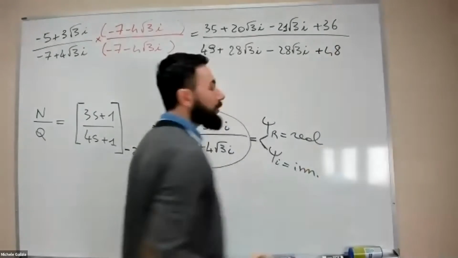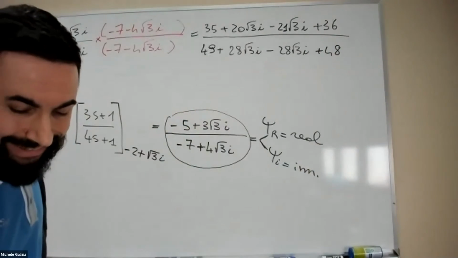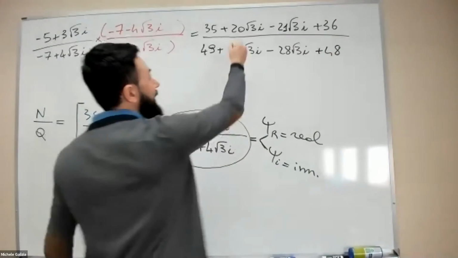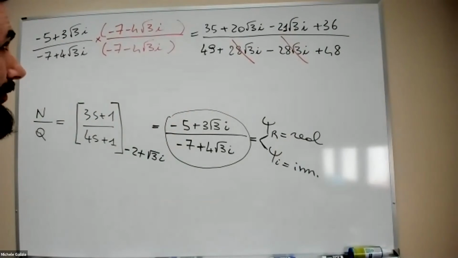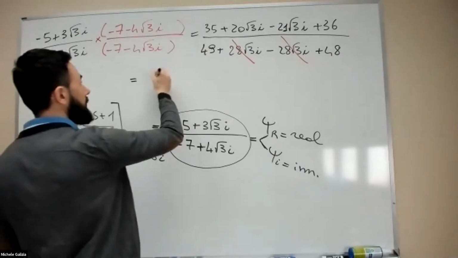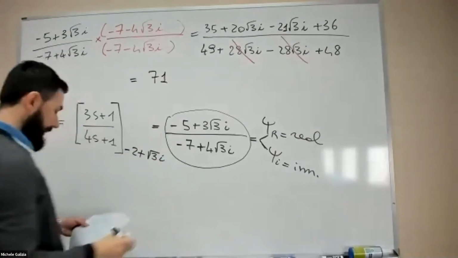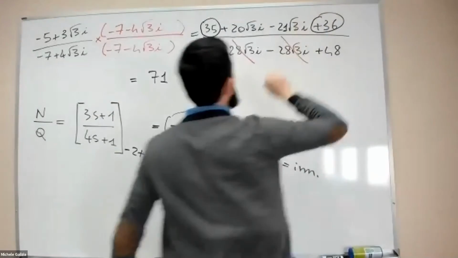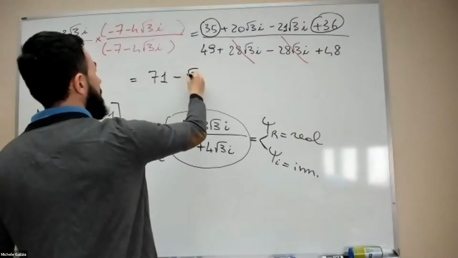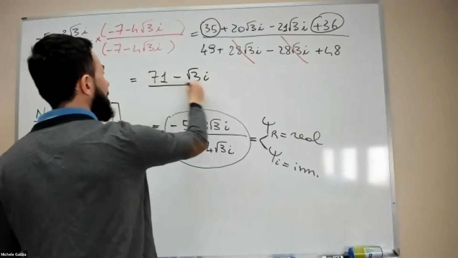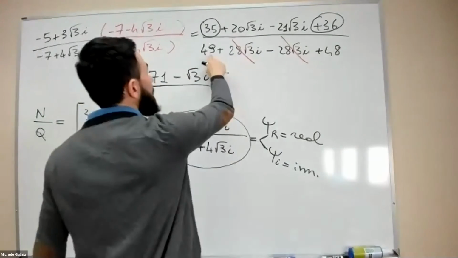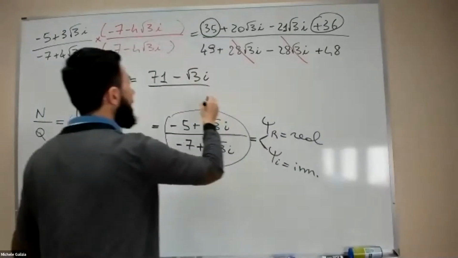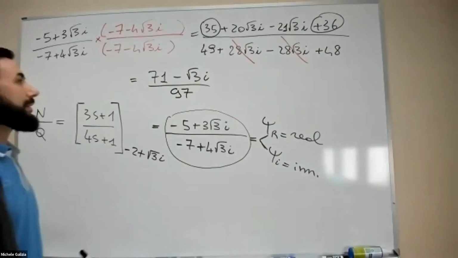Do you note everything? Basically, these and these cancel out, and what you get is 71 minus square root of 3i divided by 49 plus 48, which is 97.